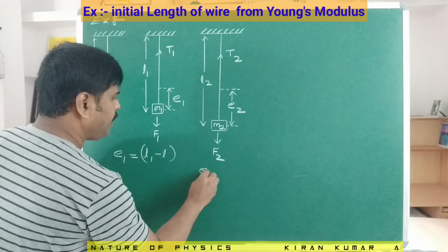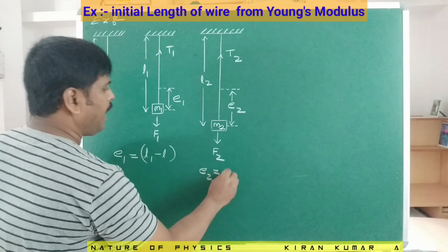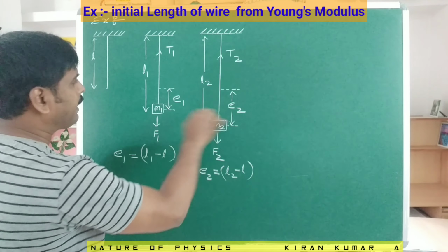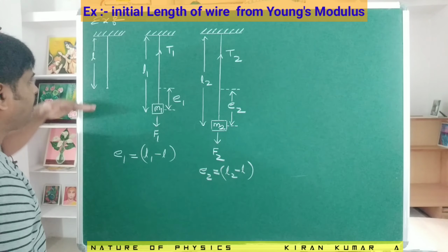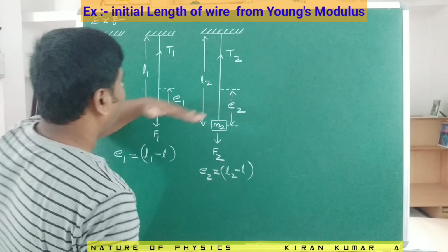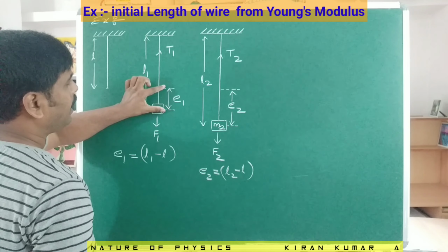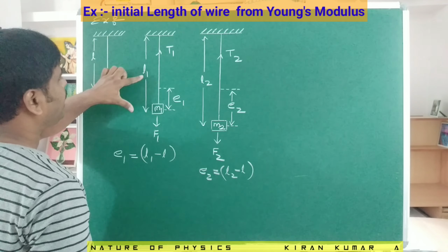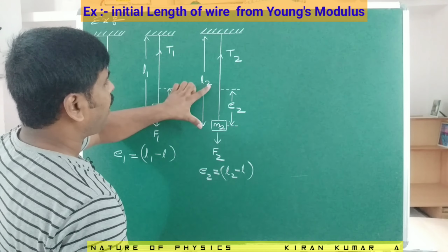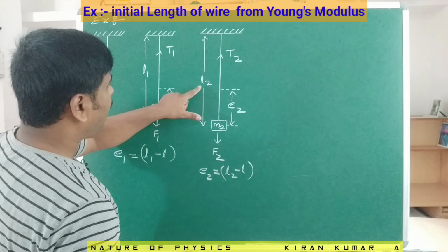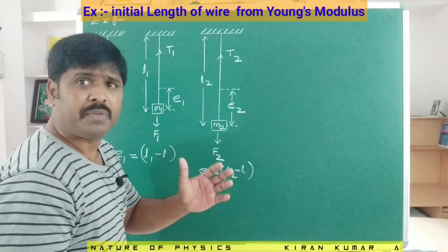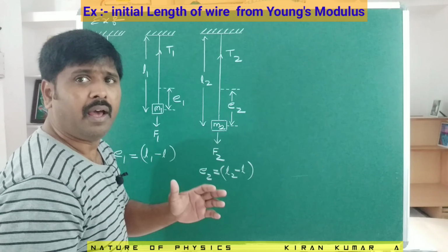So E2 is equal to L2 minus L, clearly given in the diagram. See, this is L and this is the elongation. Elongation is equal to total length minus L, so L1 minus L. Here elongation is equal to L2 minus L. From Young's modulus we have to find the relation.